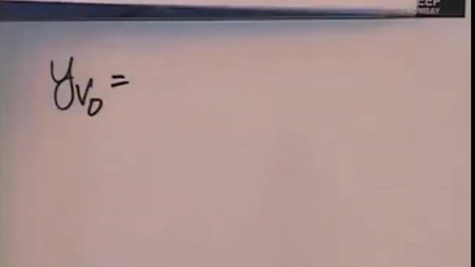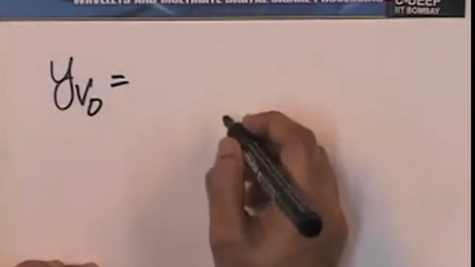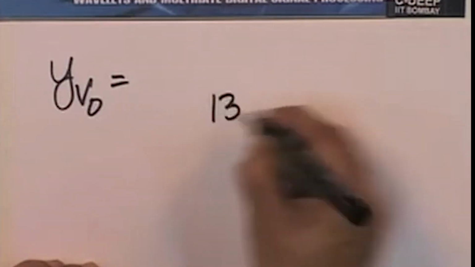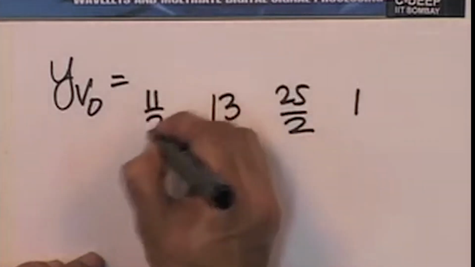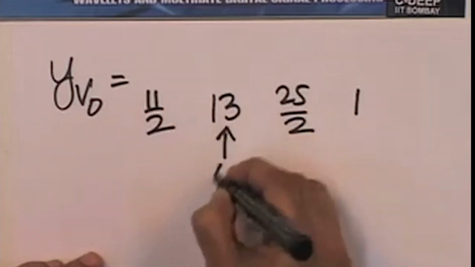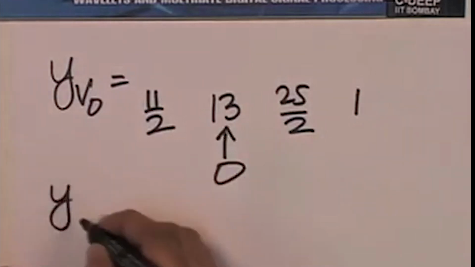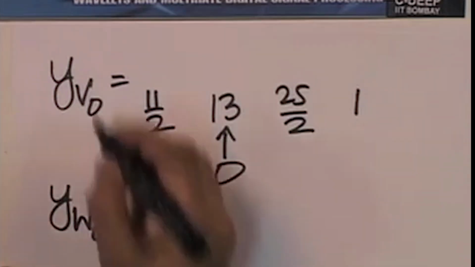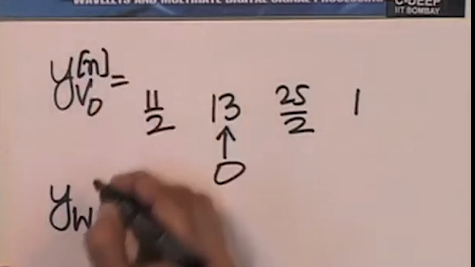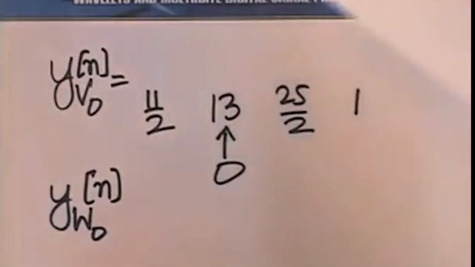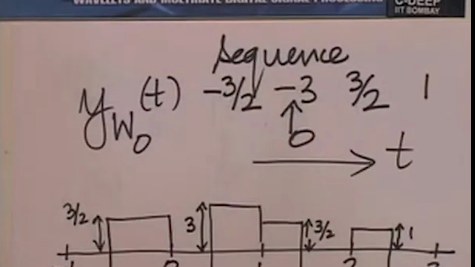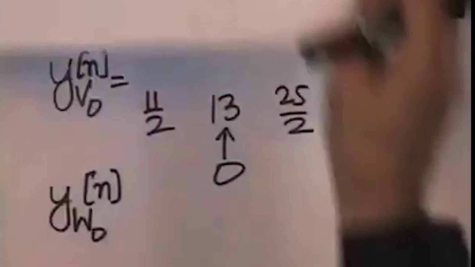Let me just rewrite it explicitly. So, I had the sequence for yw0 here, I put it down explicitly.